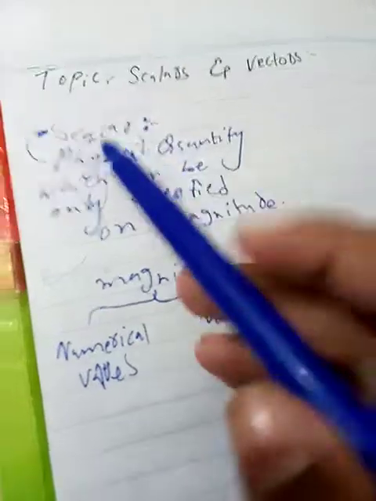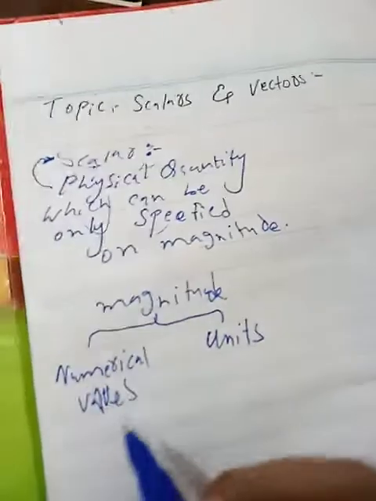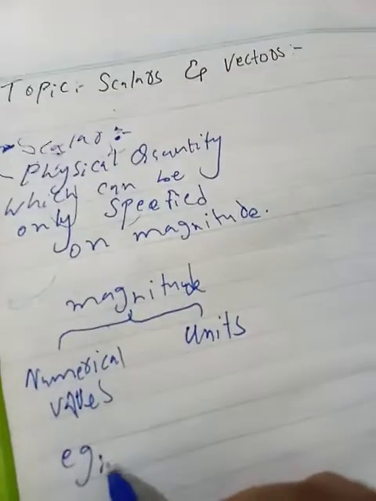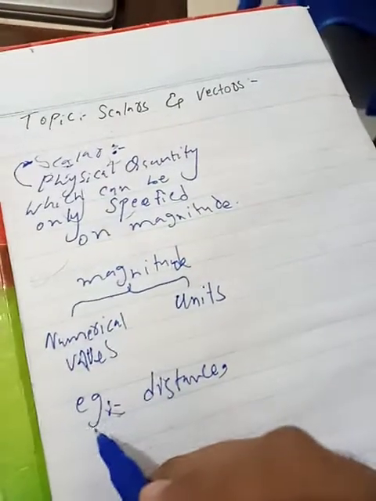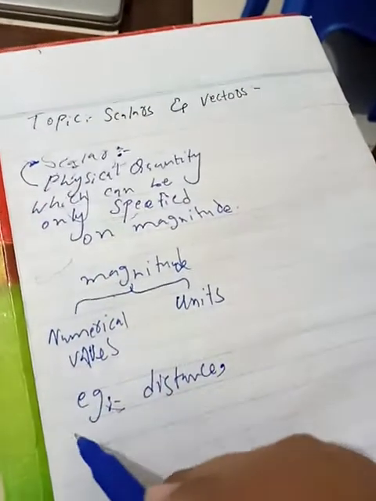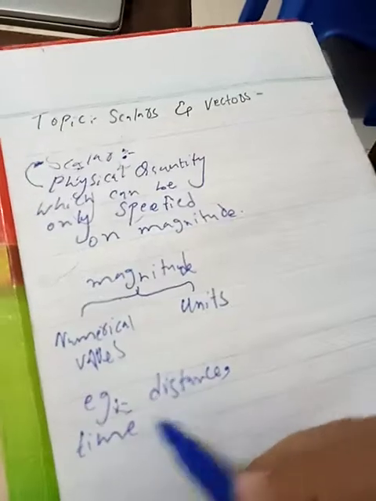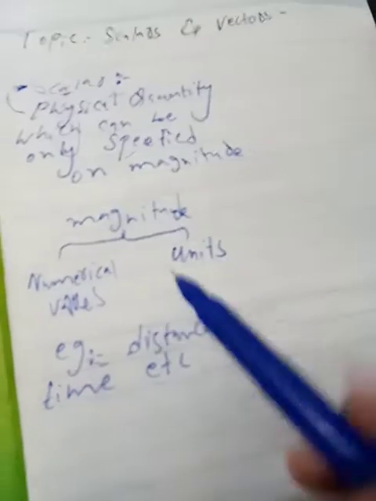In a scalar quantity we have only magnitude. For example, distance, and another quantity which does not have direction is time, etc. These are the basic examples, and I am 100% sure that you know about them.